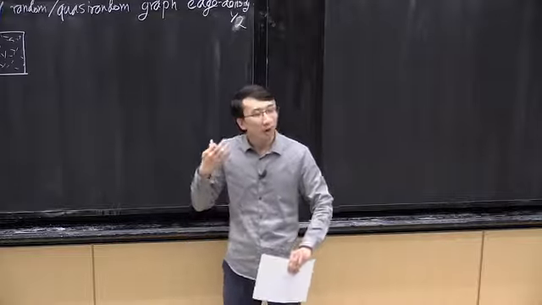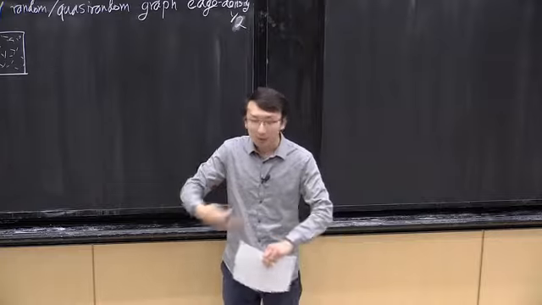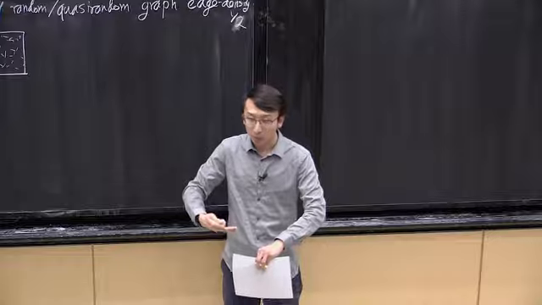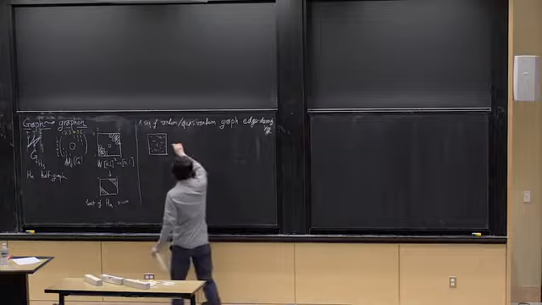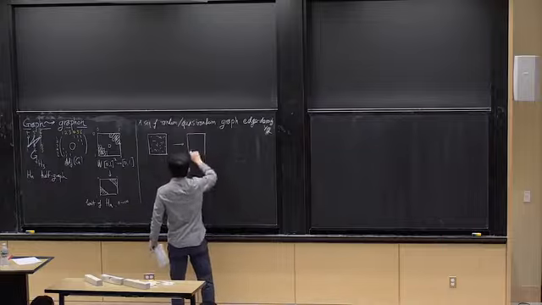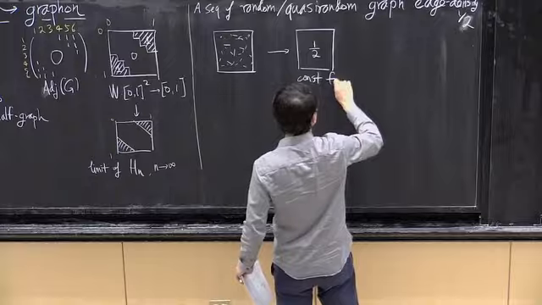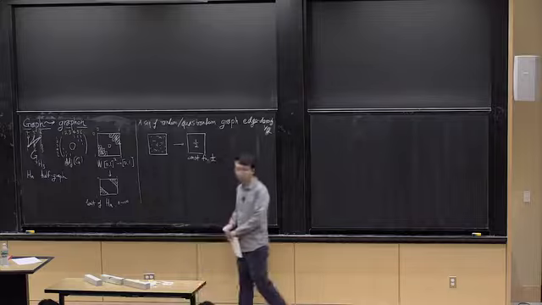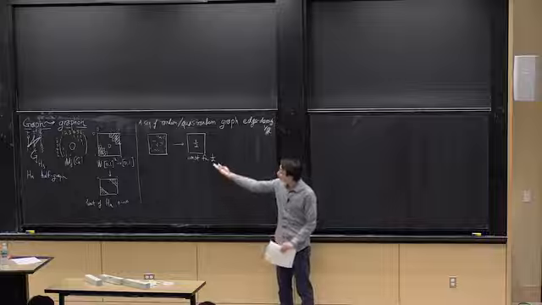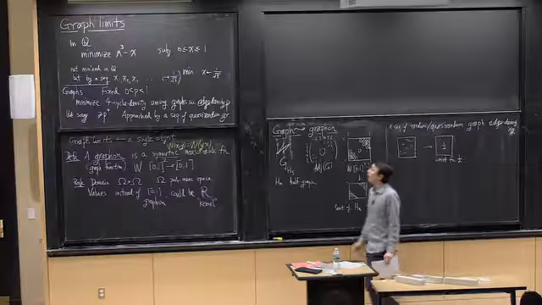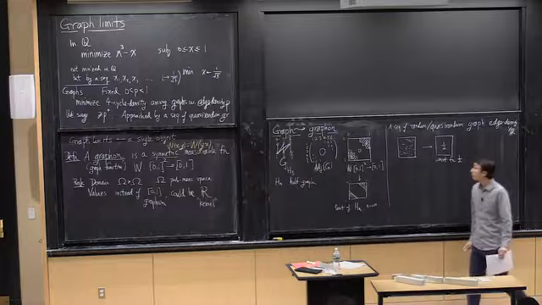And from far away, I cannot necessarily distinguish which ones are black and which ones are white. In the limit, it looks like a grayscale image, with the grayscale being 1/2 density. And indeed, it converges to the constant function 1/2. Okay, so the limit represented by this picture up here is the constant graphon with constant value p.